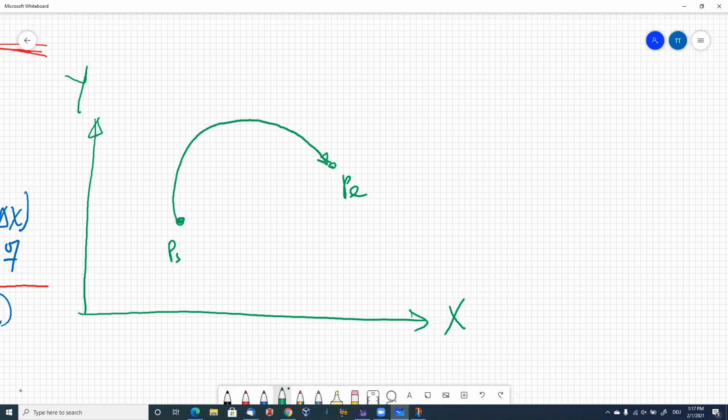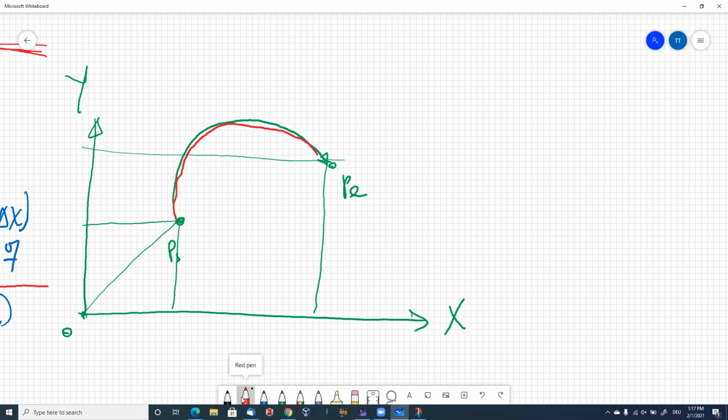Here we have the origin 0, here we have a starting point, and here we have the end point. And this is the path. The path is shown with the red color here. So this is circular motion.